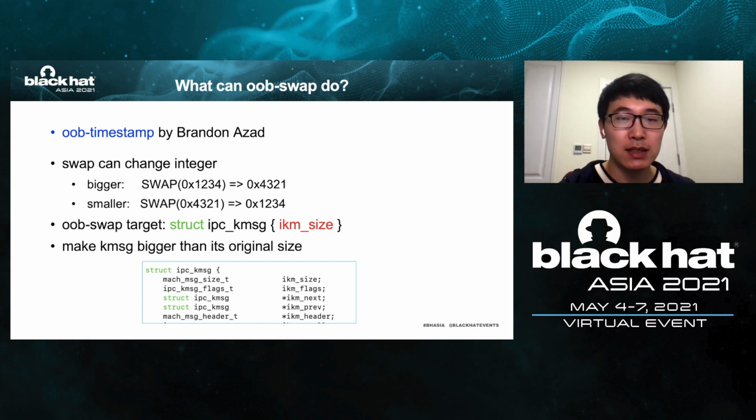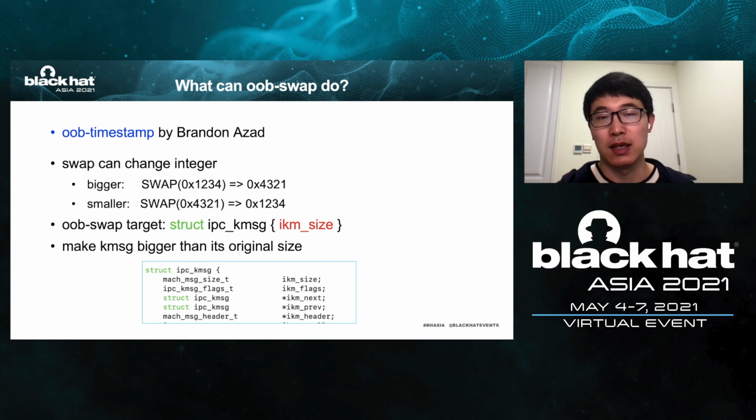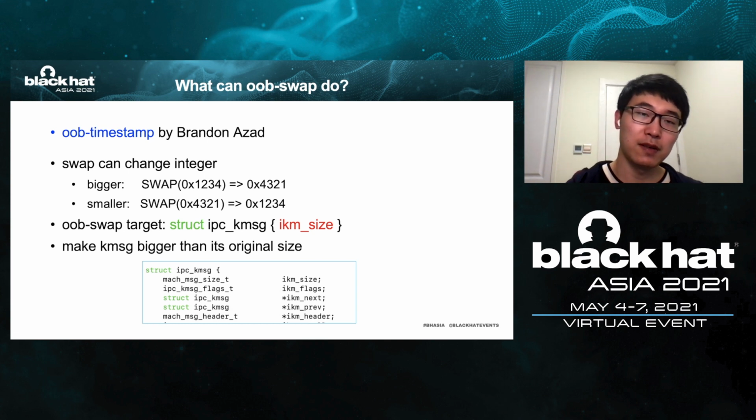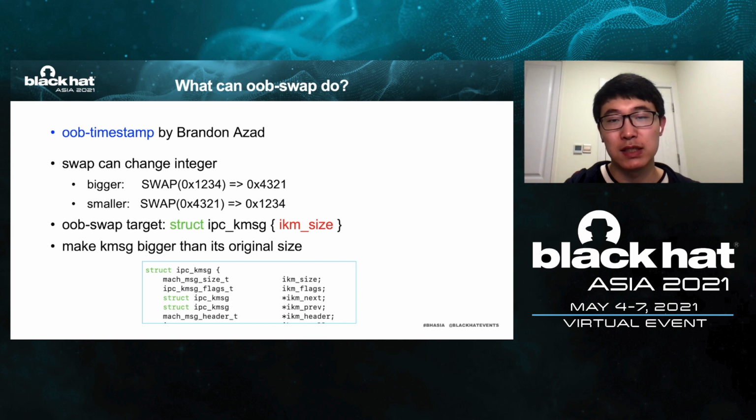If you swap an integer as the swap AD header did, but still interpret the integer in little endian, the value of the integer will change. So if you can make a number bigger or smaller, for example, hex 0x1234 to hex 0x4321 becomes a bigger value, that's enough. I will make an IPC key message bigger than its original size.